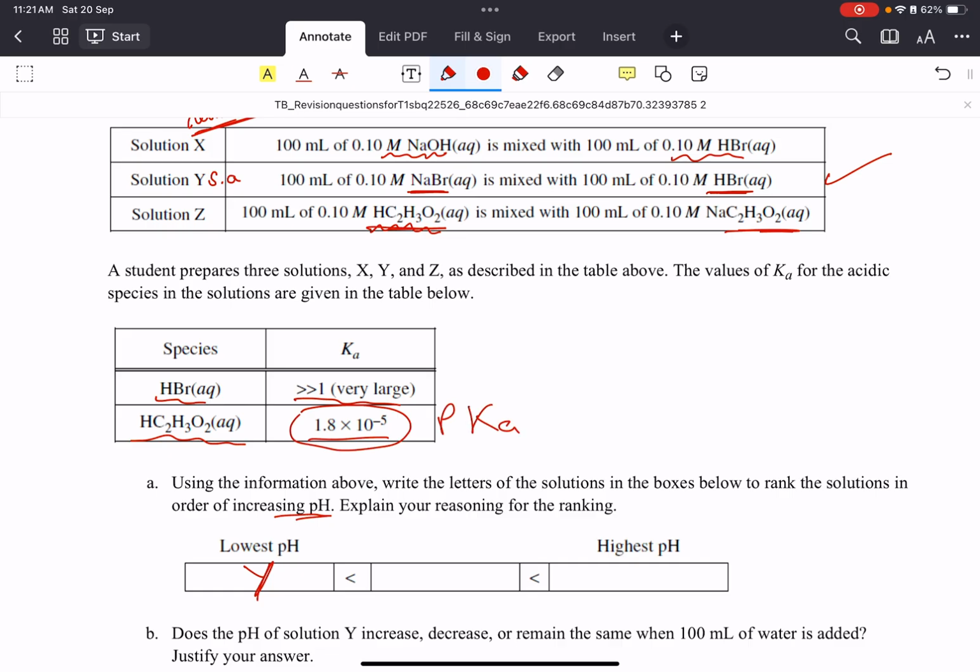The pKa value is going to give me an idea about the nature of this solution, to say if it's acidic or basic. So minus log 1.8 is 4.74. So that is a buffer. We will take buffers later on. But from the value, you can understand that solution Z is a weak acid. So definitely it's going to have a pH less than the neutral solution X.